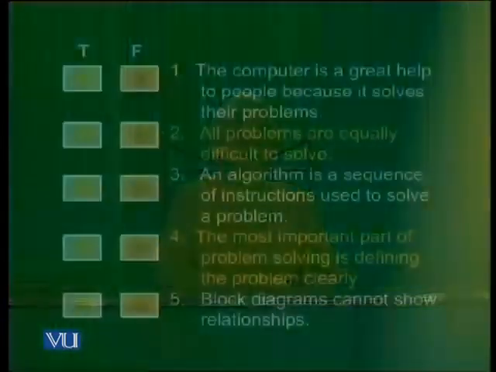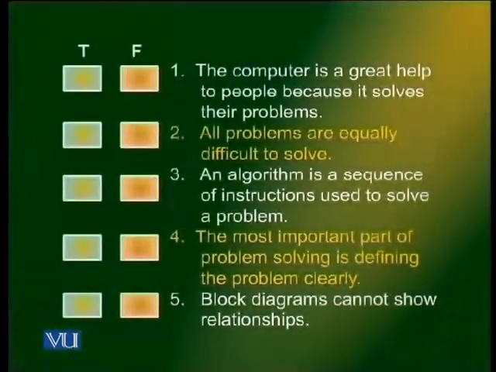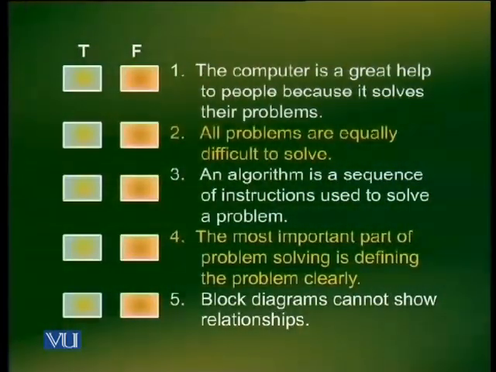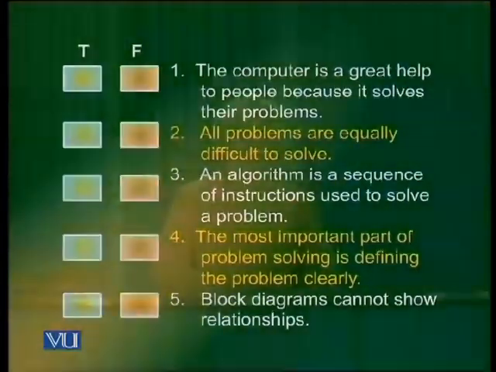It is a true statement. Statement number 4. The most important part of problem solving is defining the problem clearly. No, it's a false statement. Why? Because the most important part of problem solving is constructing an algorithm, not defining the problem.